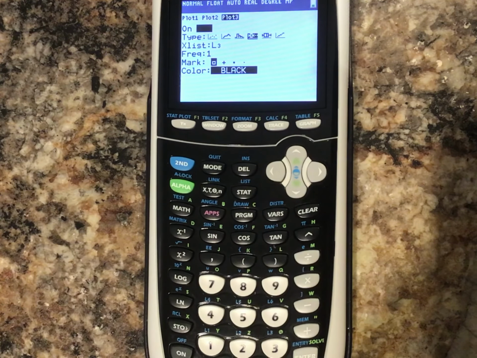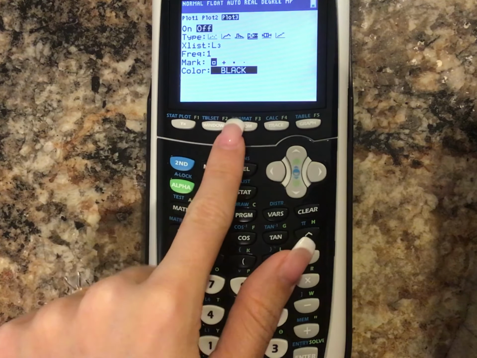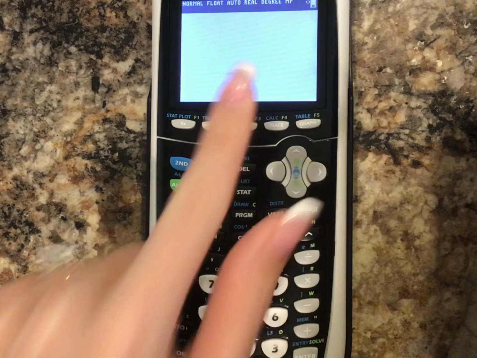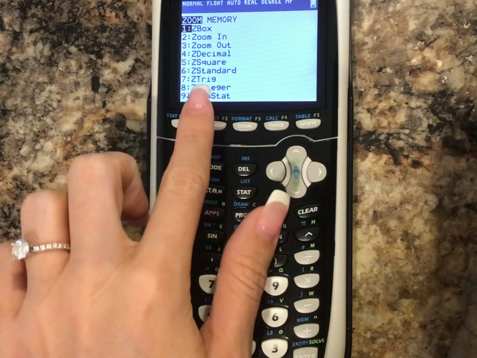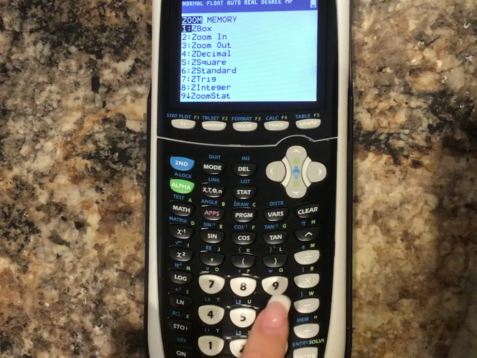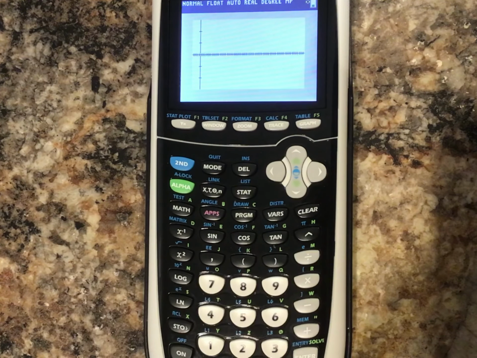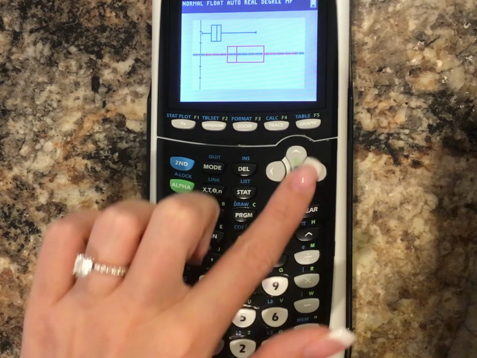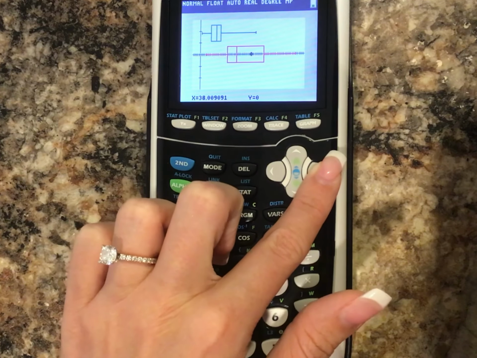So once you have done that and you have clicked the appropriate graphs, you're going to go to this zoom button at the top. So click that. And you want to go down to zoom stat, which is number 9. So go to zoom and then go to number 9. And if you do that, it will plot those box plots for you. You can actually, using the arrows, trace along these values just like this.